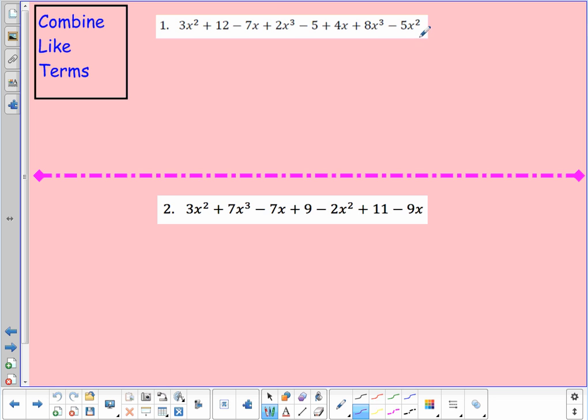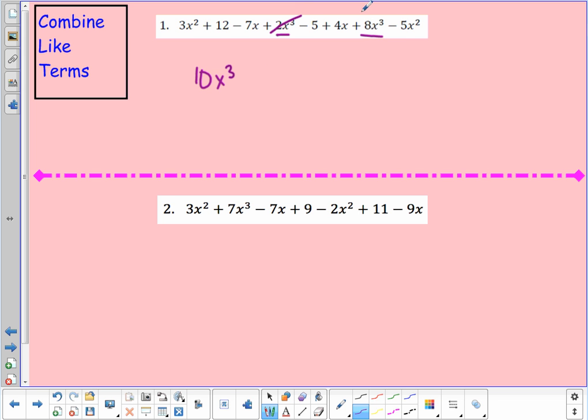So I'm looking for the exponents, and the largest exponent that I see is this power of 3, and I see it in 2 spots. So I'm going to start with that, and by starting with the largest power, I'm going to naturally go in standard form, and then I'll be set with that whole second piece. So I look for anything that has the power of 3. In this case, it's 2x to the third plus 8x to the third, which gives me 10x to the third.